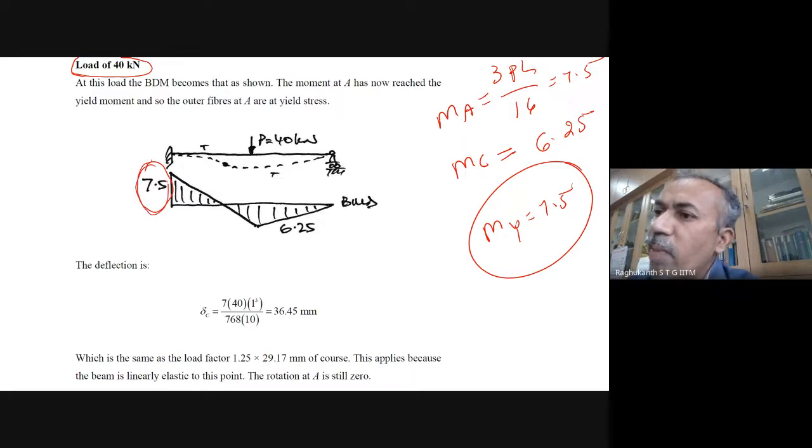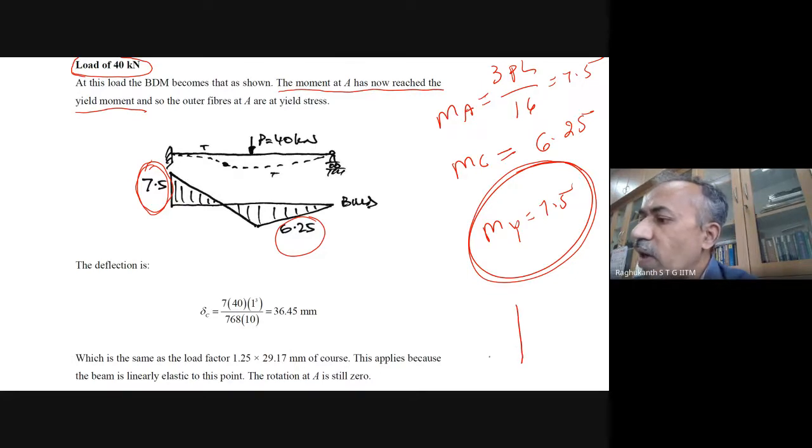At A, the bending moment is 7.5. At C, the bending moment is 6.25. At other places it is less than this. Now your yield moment is 7.5, so what will happen?